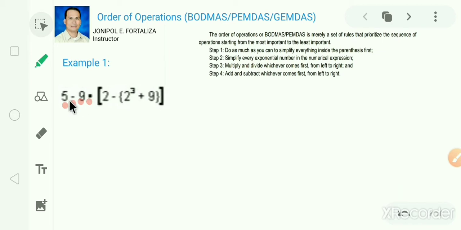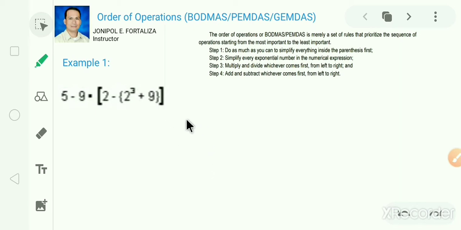So 5 minus 9 times the quantity of 2 minus the quantity of 2 cubed plus 9. Again, to read this one, this is 5 minus 9 times the quantity of 2 minus the quantity of 2 cubed plus 9.